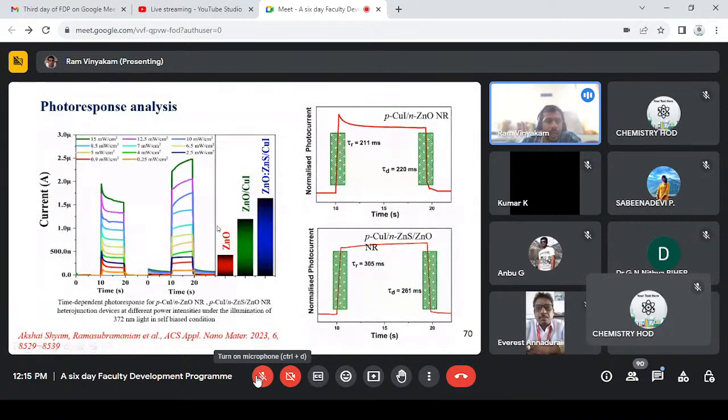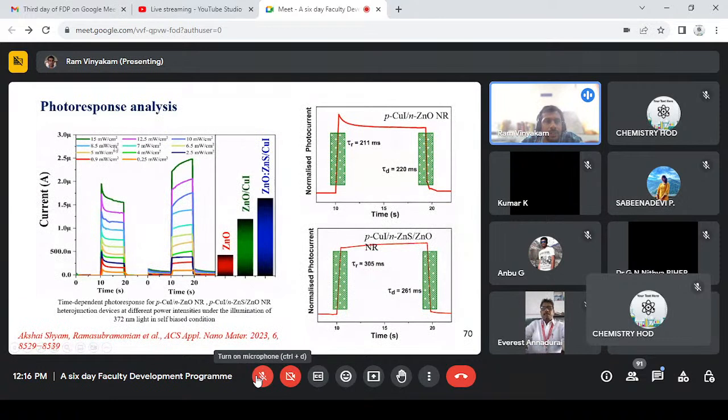As I said, the bare zinc oxide can have a photo detection ability, but you can see here the photocurrent started to increase in the order of 10 power 3 when you have formed an interface. And when you insert zinc sulfide, we could even use a very low intensity.